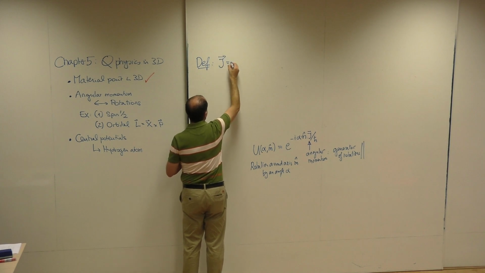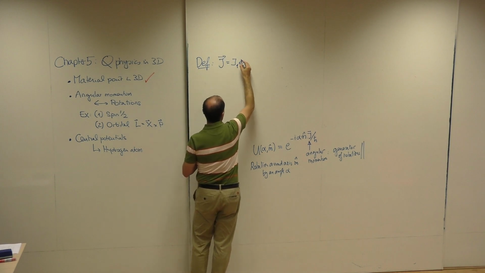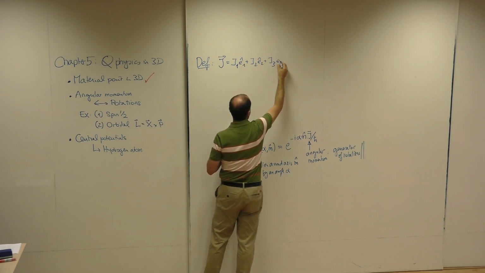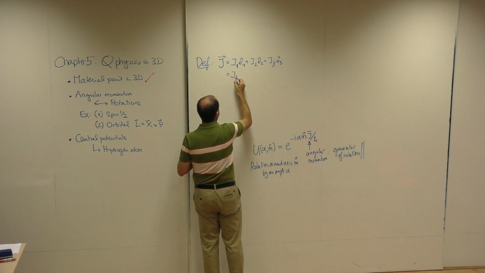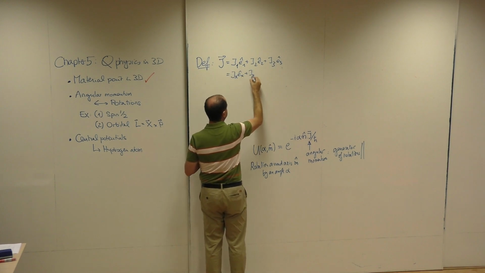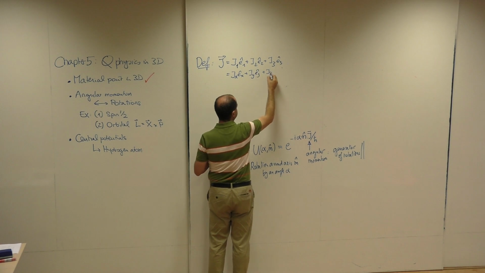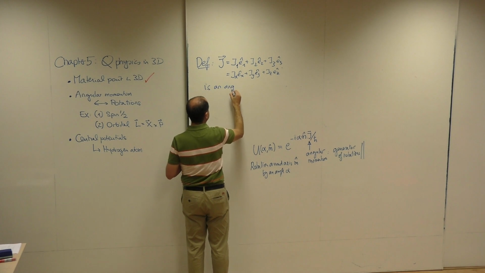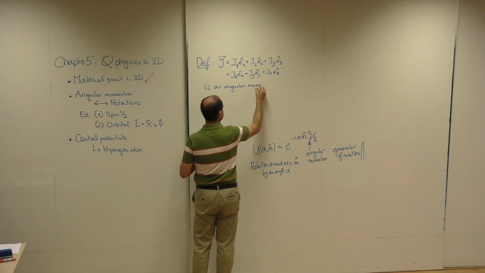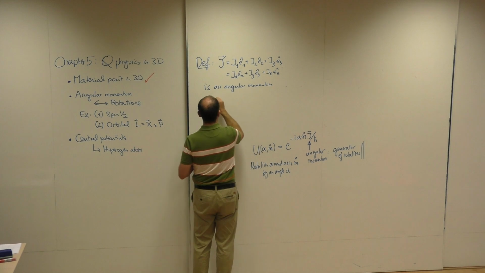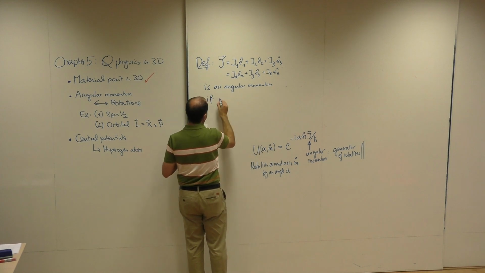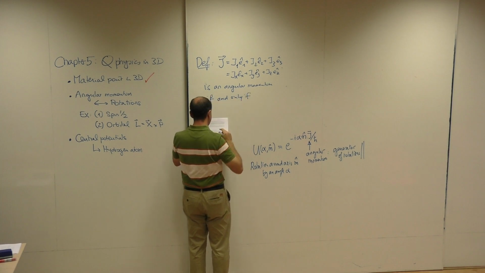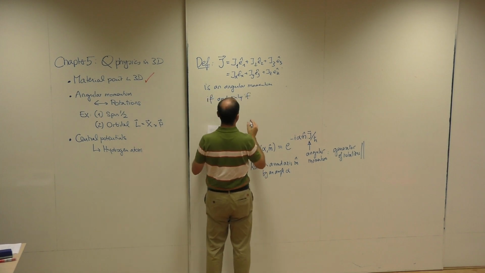J equal to J1 E1 plus J2 E2 plus J3 E3, alternatively written Jx Ex plus Jy Ey plus Jz Ez, is an angular momentum if and only if the commutation relations are like that.